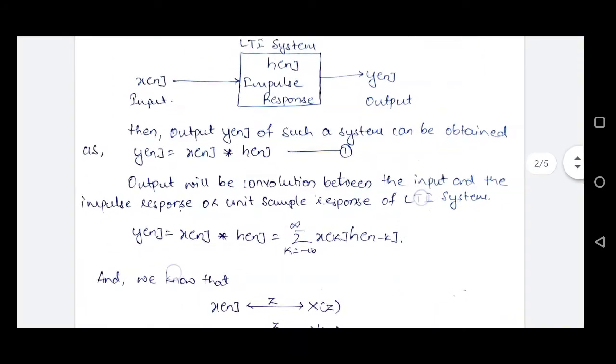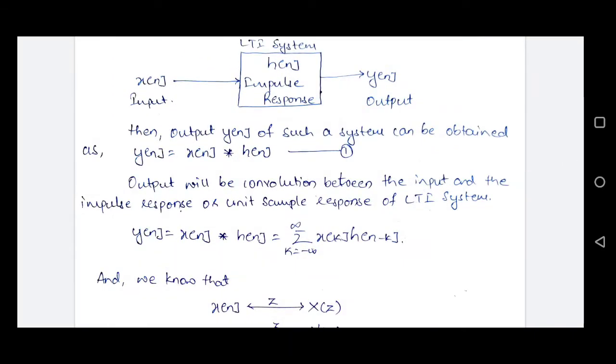The impulse response is also referred to as unit sample response. So y of n in terms of convolution summation can be written as summation k from minus infinity to plus infinity x of k h of n minus k.